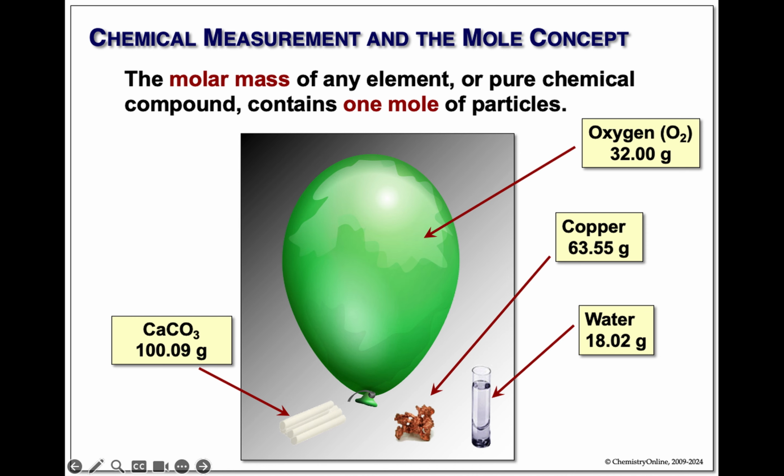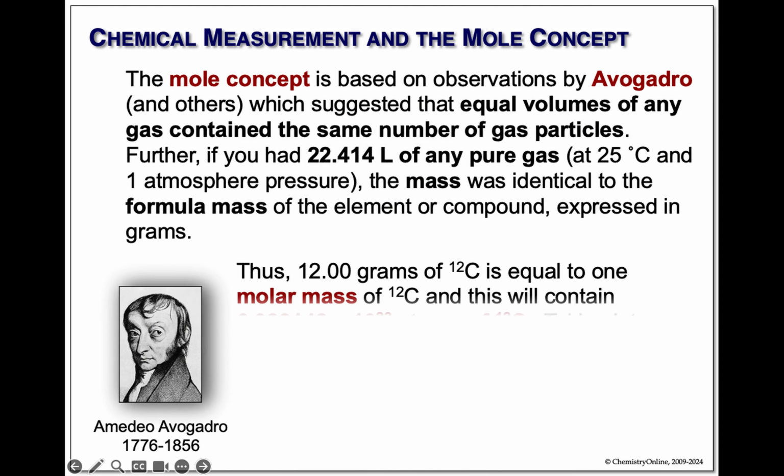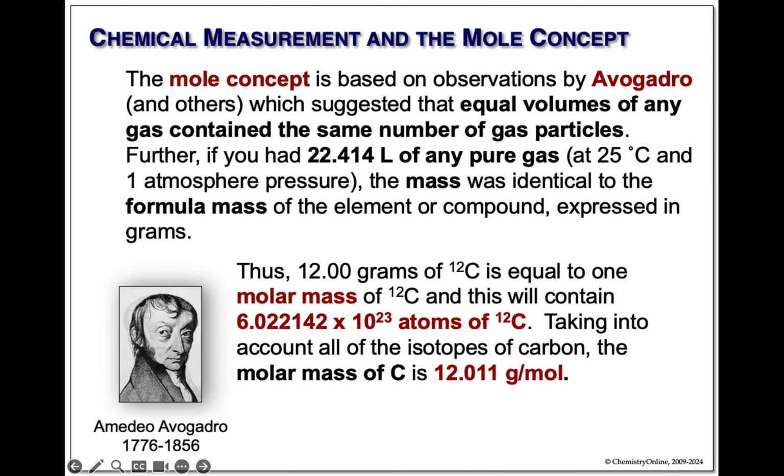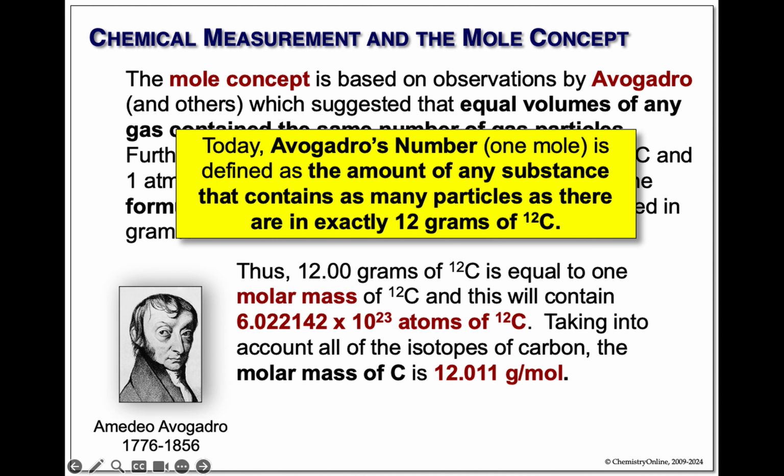Now, today, 12 grams of the isotope carbon-12 is used to define what a mole is. Instead of simply saying 6 times 10 to the 23rd, the definition today is that it's the amount of any substance that contains as many particles as there are in exactly 12 grams of carbon-12.